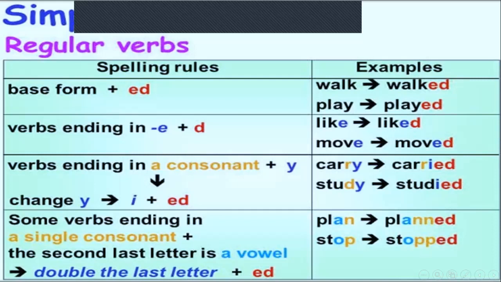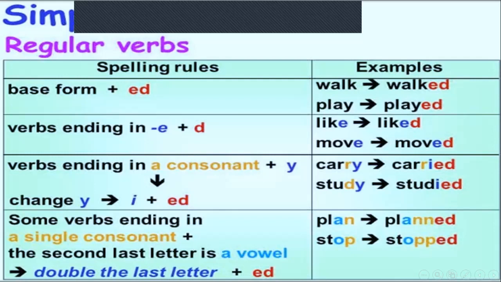Because this verb ends in e. Also like the verb move. Move here ends in e, so if I want to change it from present to past, we only add d to the verb. Move, moved.